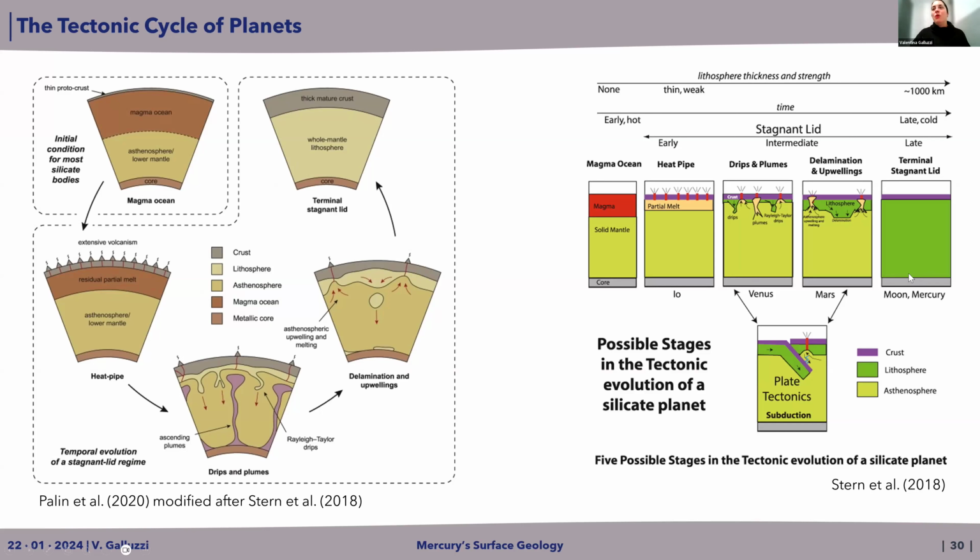But actually, what we saw today is that Mercury probably deserves to be an intermediate stage between a planet that has no tectonics at all and a planet that starts triggering the first planes for setting up some tectonics. Of course, I'm not talking about plate tectonics. I'm talking about stagnant lid tectonics with a unique plate around the planet.